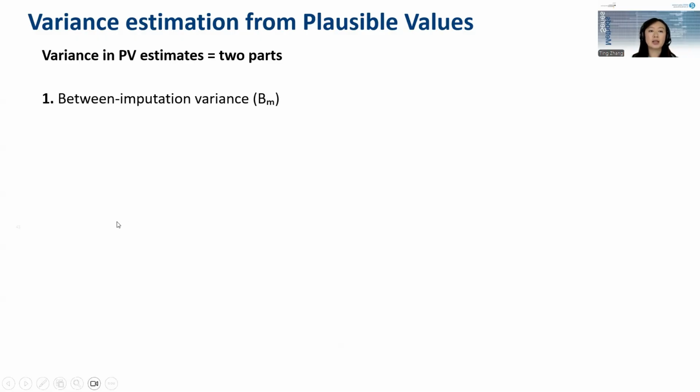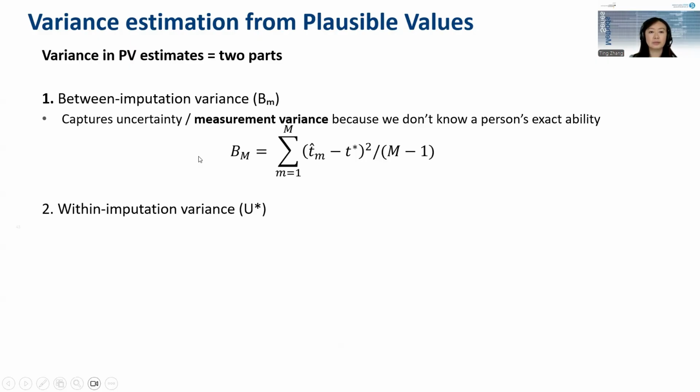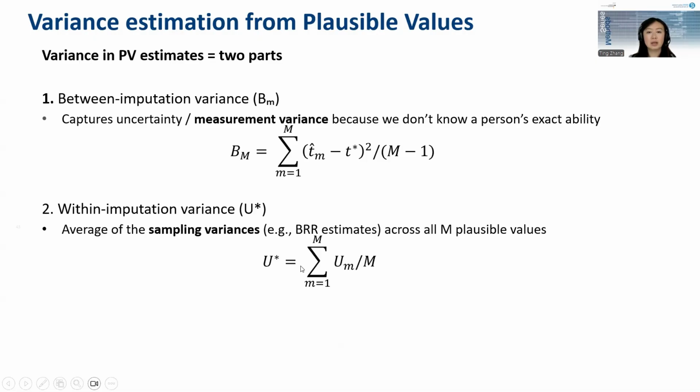So the first part, again, is the between-imputation variance, in other words, the measurement error. This is a formula to calculate the measurement error. And we also have to calculate the sampling variance. And here's a formula for the sampling variance.